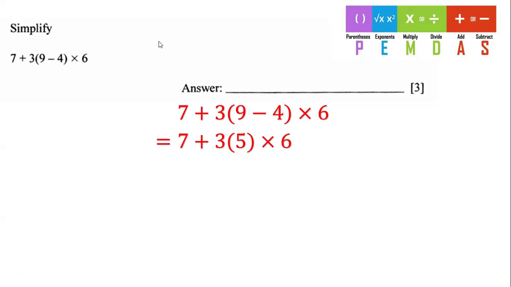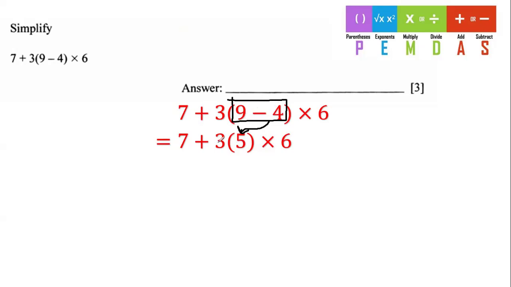Please understand that. We did 9 minus 4, and 9 minus 4 gives us 5. So we did the parentheses first.